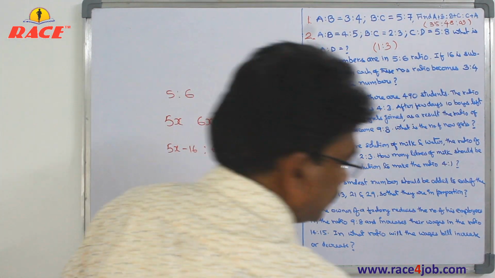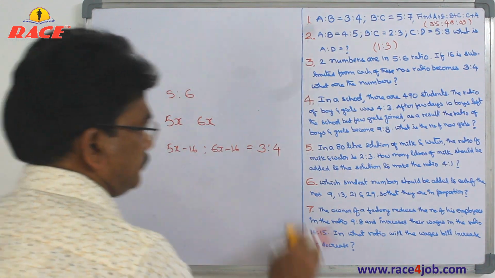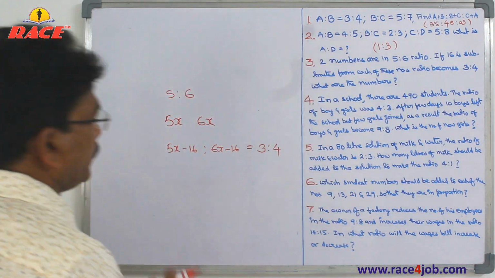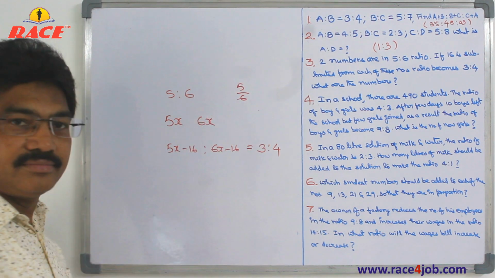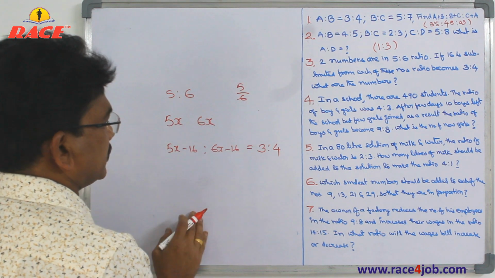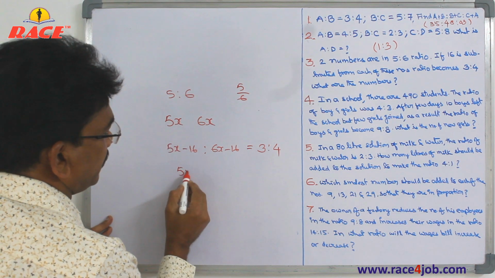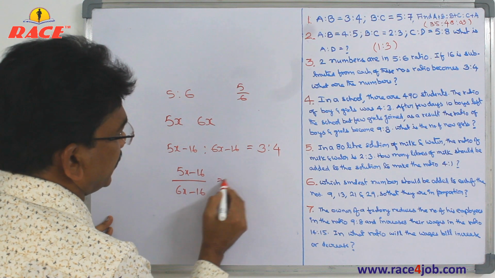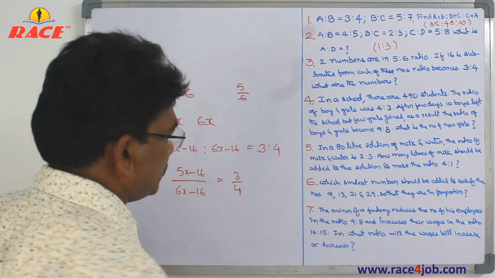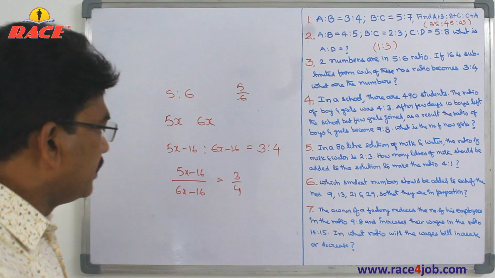Or we can write one more way: a ratio can be written as a fraction. 5:6 can be written as 5/6. So we write (5x minus 16) by (6x minus 16) is 3/4. Simplification is easier if we write like this.